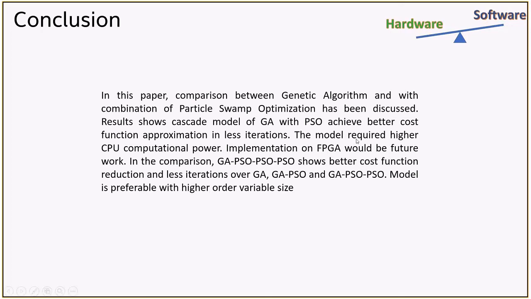However, the model requires high computational power. If the implementation can be done on FPGA, we can get the computational time less and we can find out the best combination in fewer iterations.